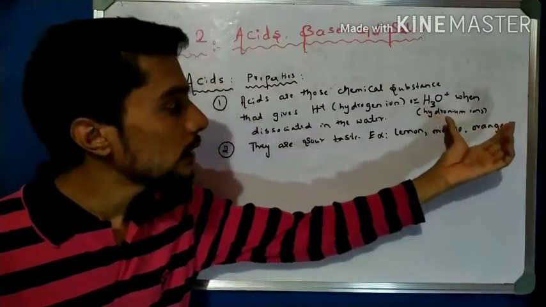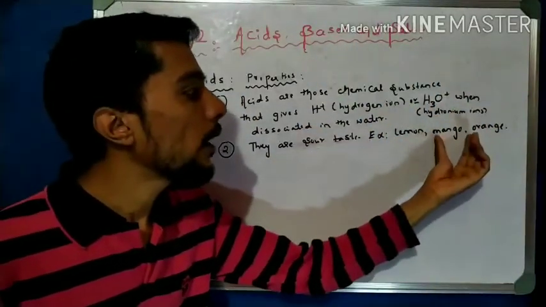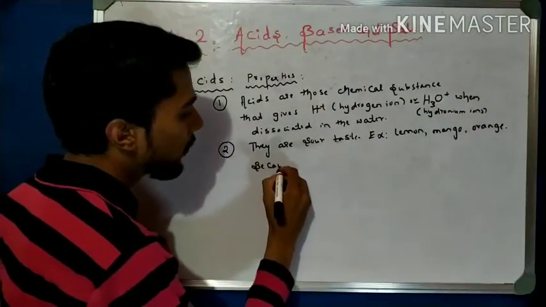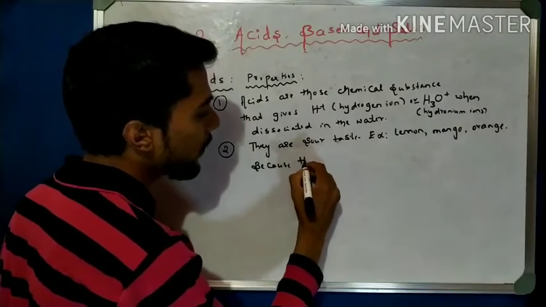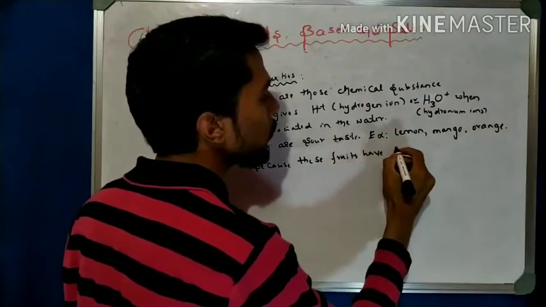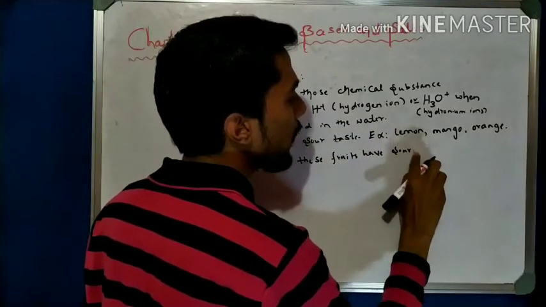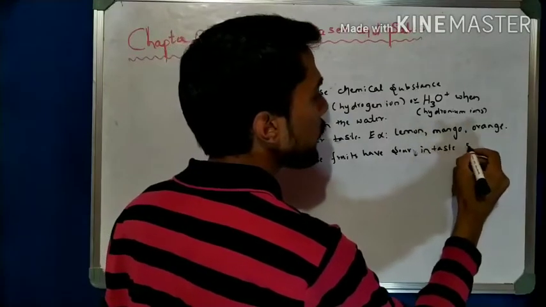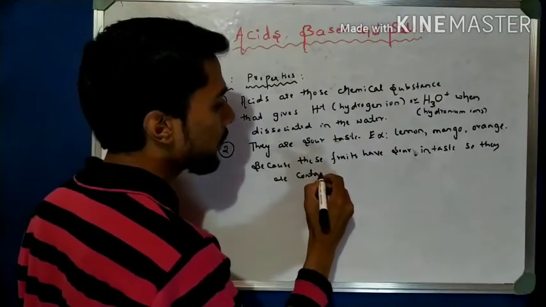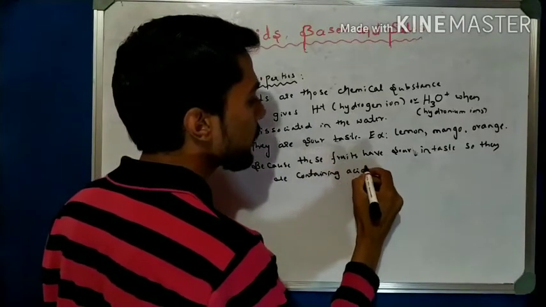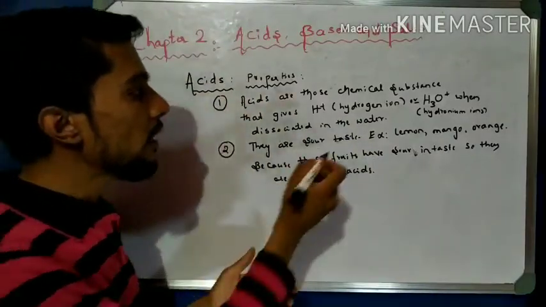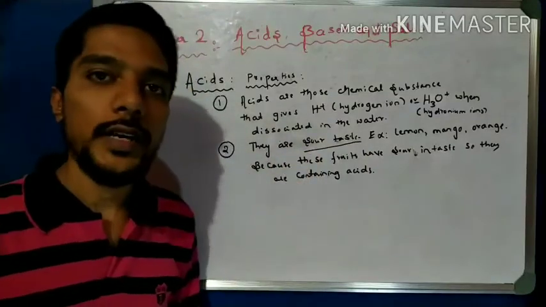So we conclude that these fruits contain acids. So the second very important property is that acids are sour in taste.